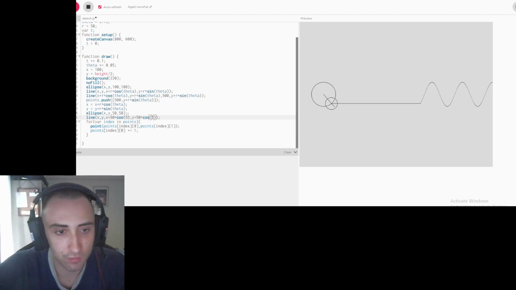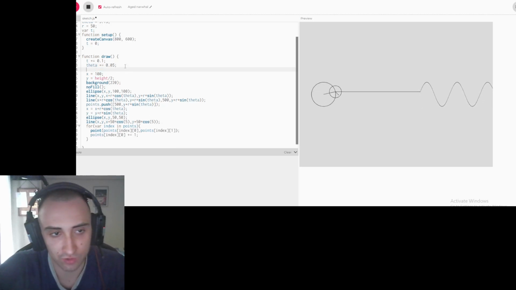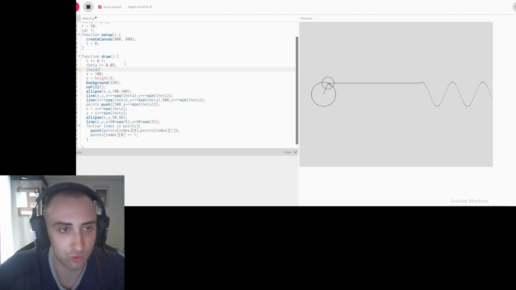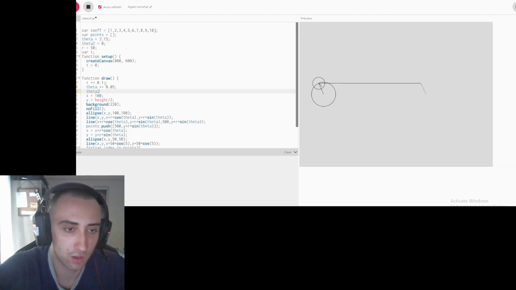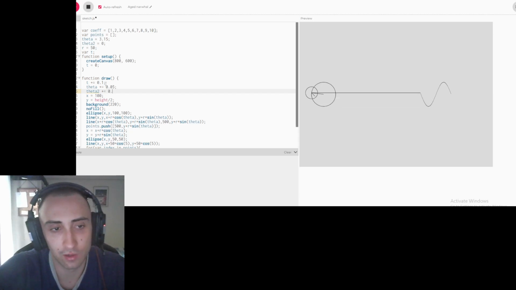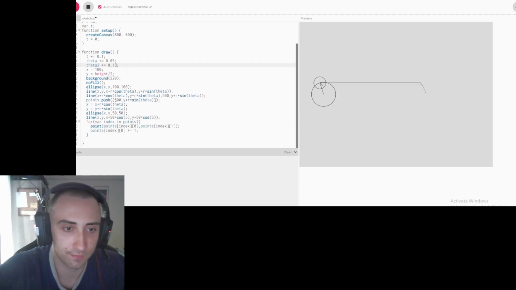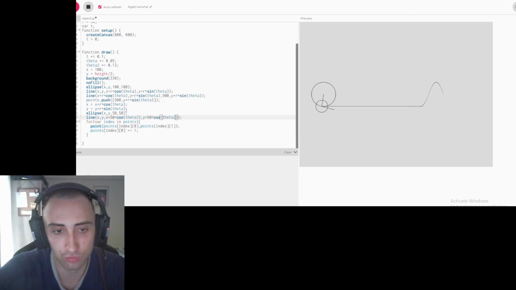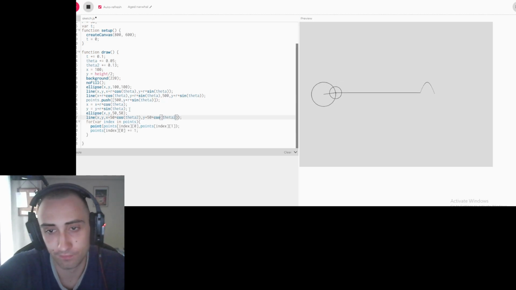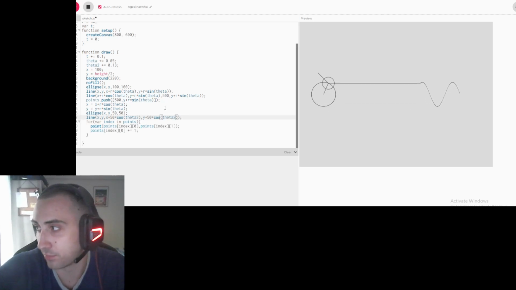Let's make theta 2, and theta 2 will be 0, and theta 2 will plus equal 0.13. So if I do theta 2, nope, again we have the same problem.